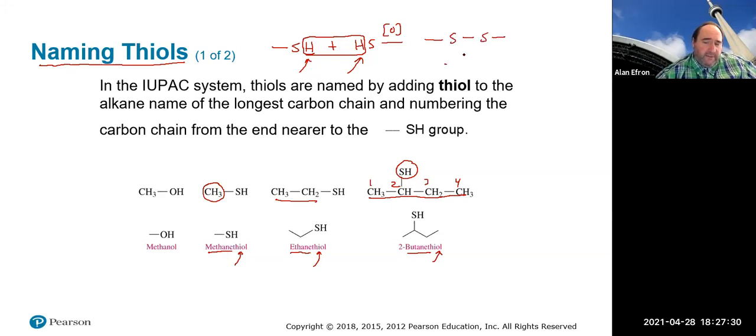It makes this bond, which is sometimes referred to as a disulfide bridge or bond. Happens a lot in proteins and stuff like that. But it's again a loss of that H2, like we were talking about with the oxidation of alcohols. H coming off of one thiol, H coming off the other thiol, making this disulfide bond bridge.